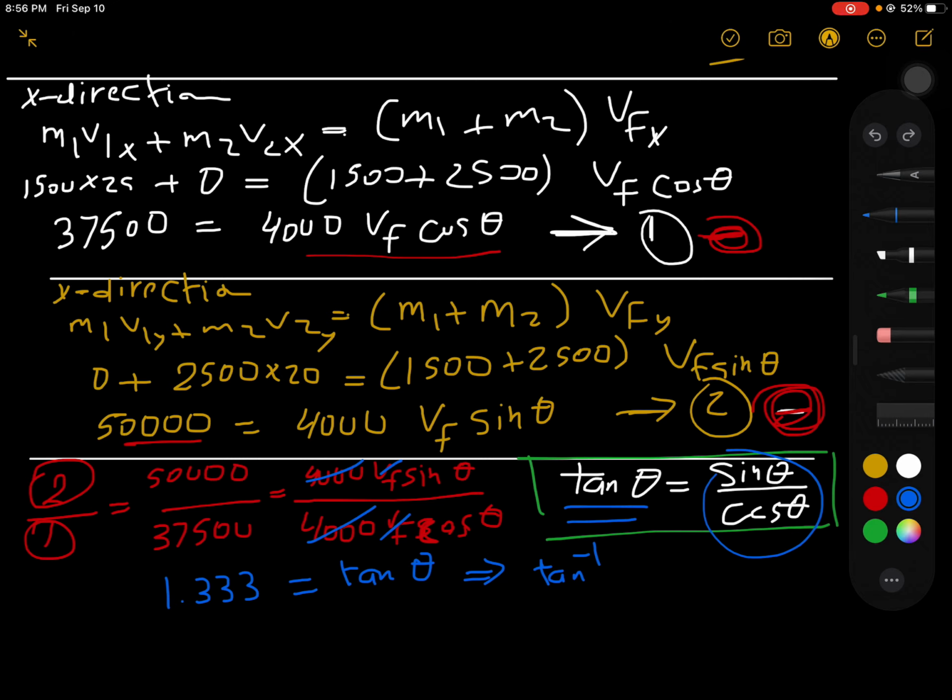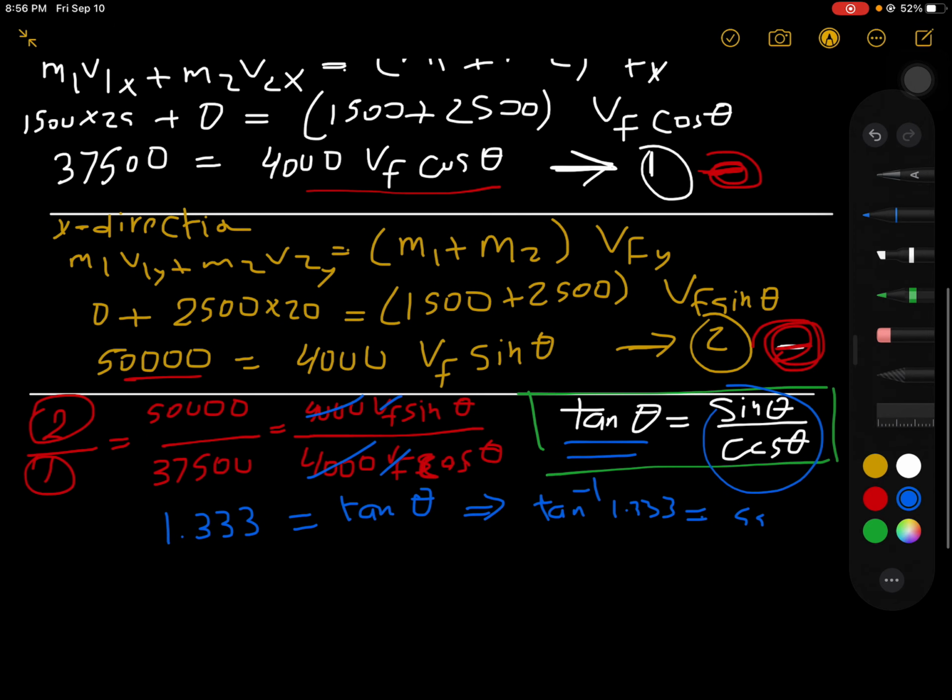By using the calculator, tan -1 of 1.333 gives us the angle. It will be 53.1. Okay, now we got the angle.